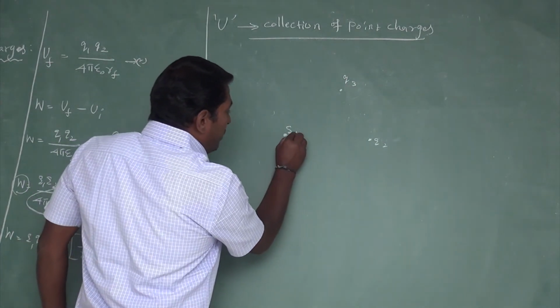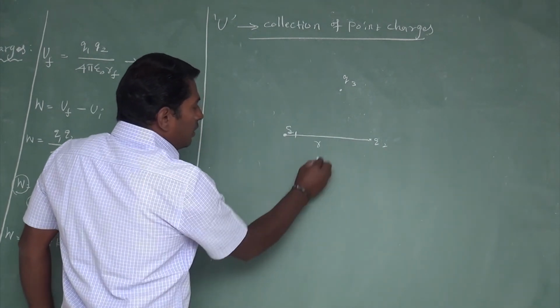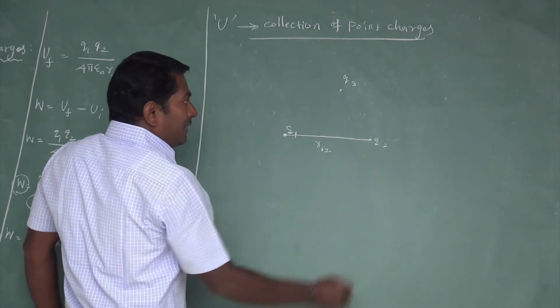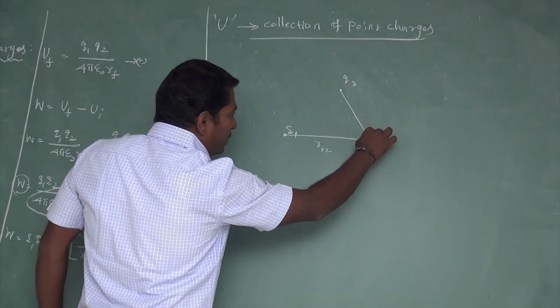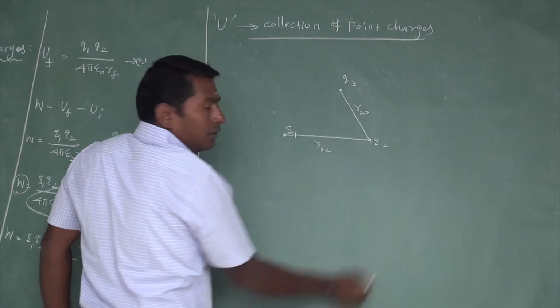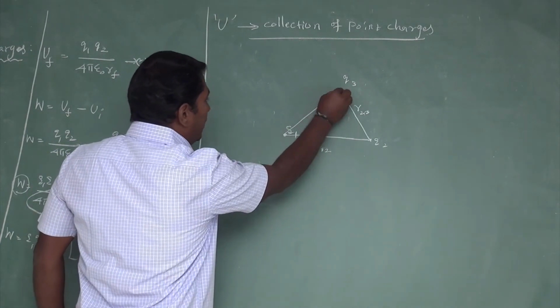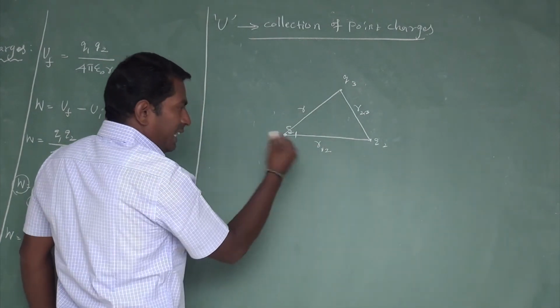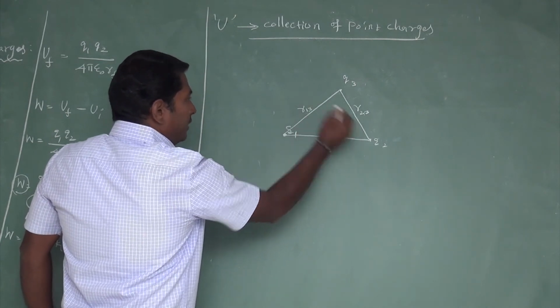The distance of separation between Q1 and Q2 is R12. The distance of separation between the second point charge and the third point charge is R23. The distance of separation between Q1 and Q3 is R13. For our convenience, we have taken 1, 3.